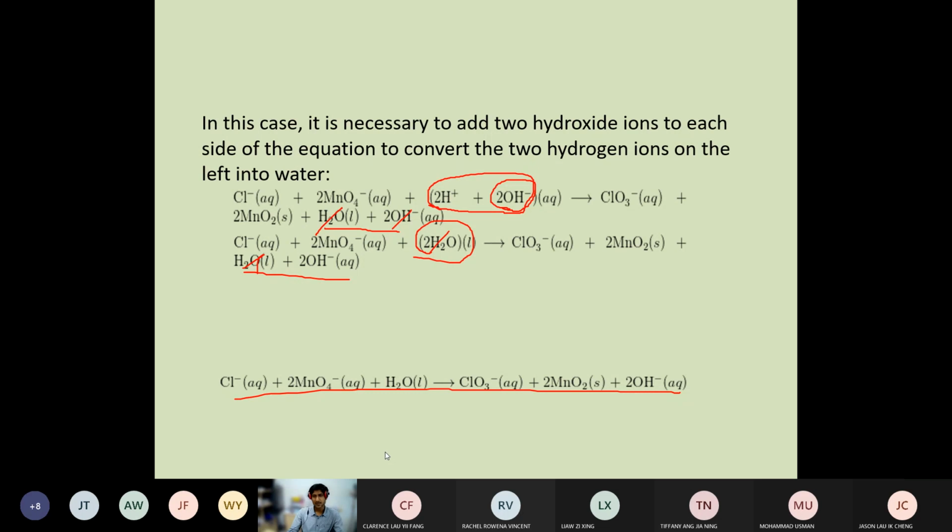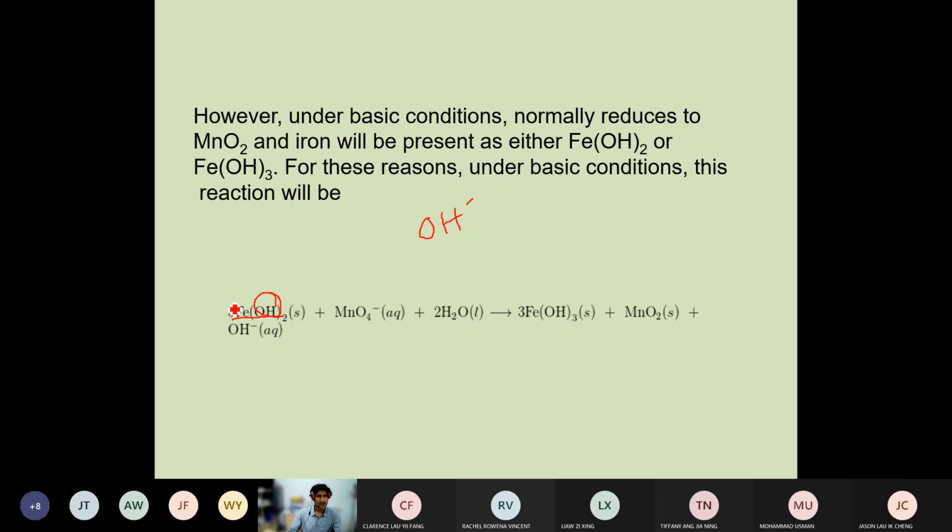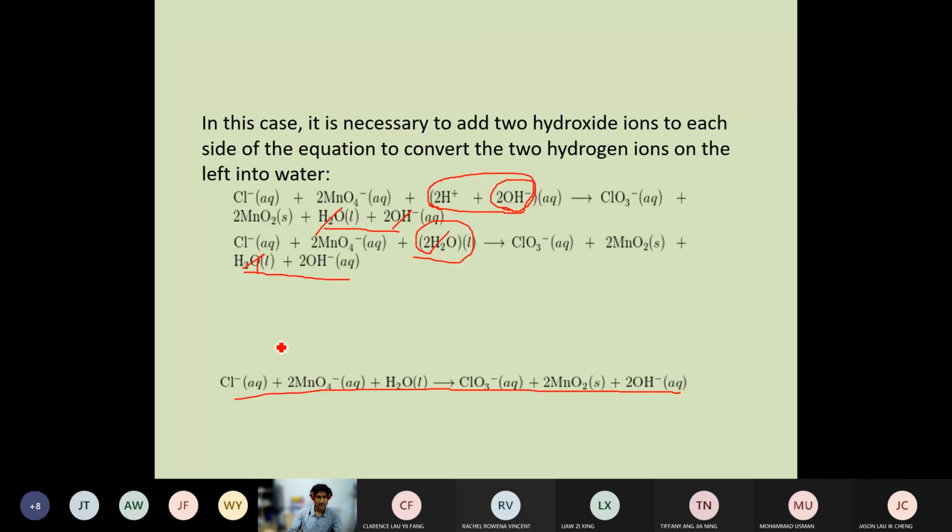We have seen the acidic medium and basic medium. Basic medium is the same thing: we solve it with the help of hydrogen ion first and then add hydroxyl ion. I was expecting a question about why the water is coming here.